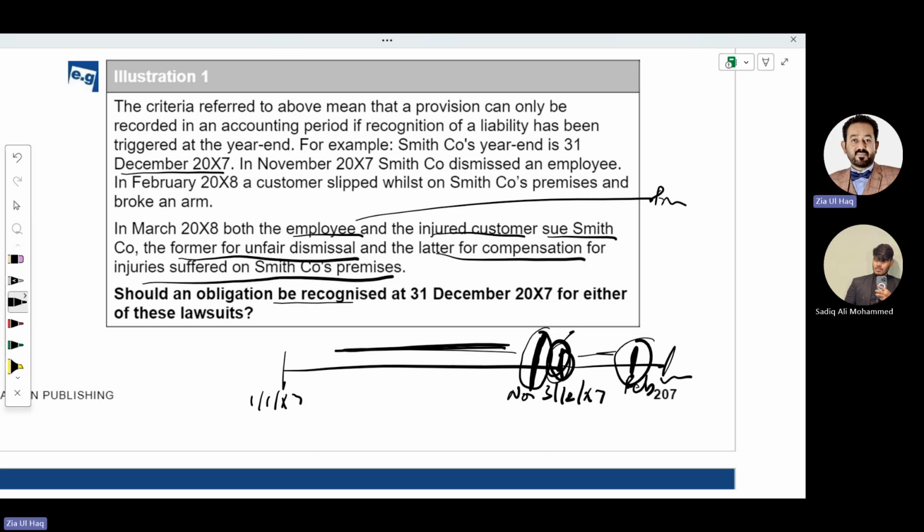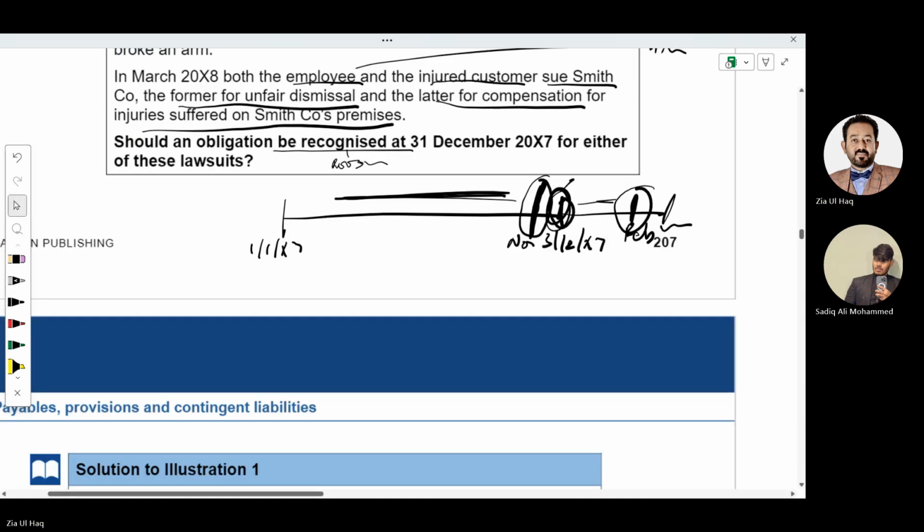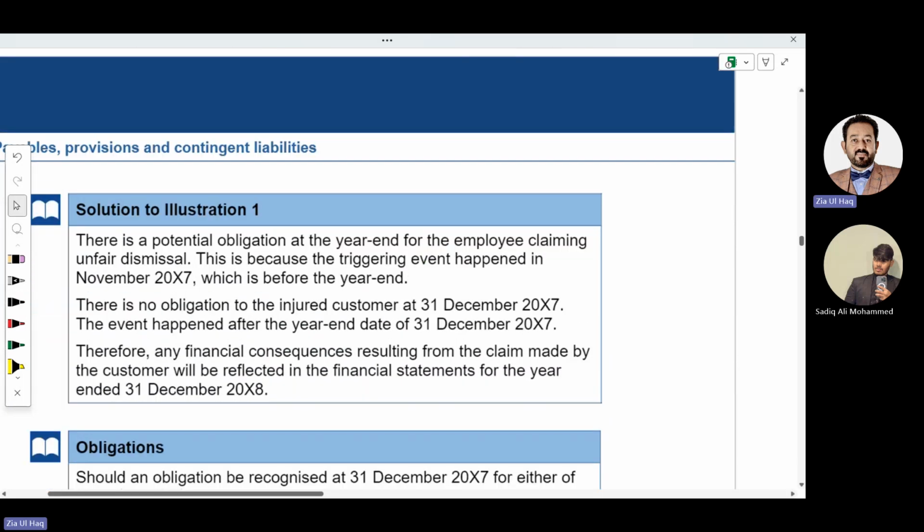So should an obligation be recognized? Recognized means recorded as provision at 31st December or not? See the answer. There is a potential obligation at the year end for the employee because this is a past event, as the triggering event happened in November, which is before the year end.